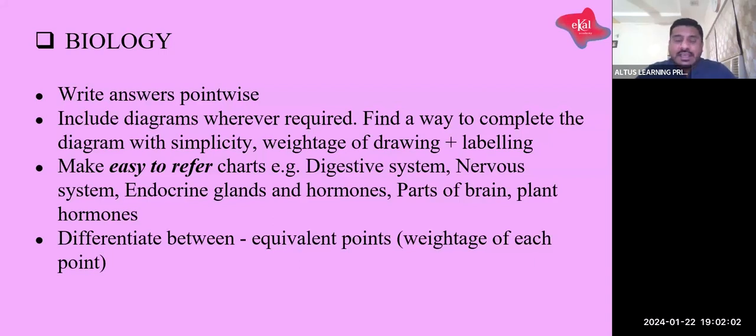So if you see in physics, chemistry, and biology, this point is common that whenever you are attempting a descriptive question, you have to ensure that the answers are written in the form of points and not in the form of a paragraph.